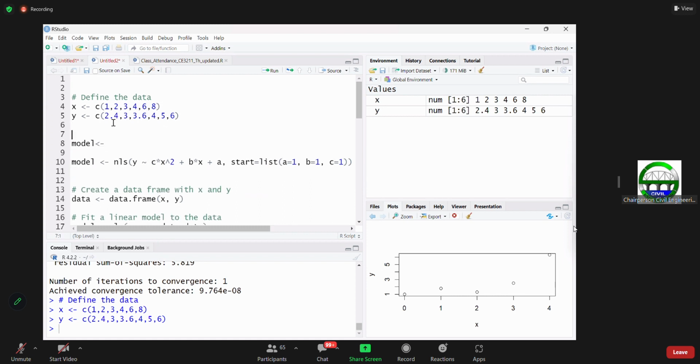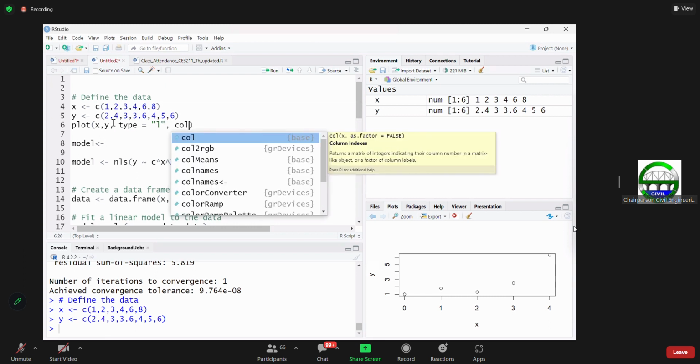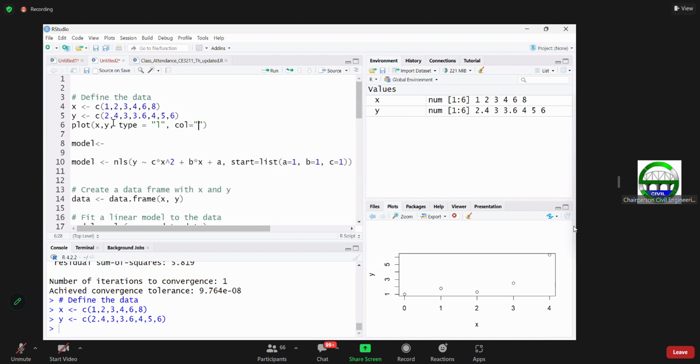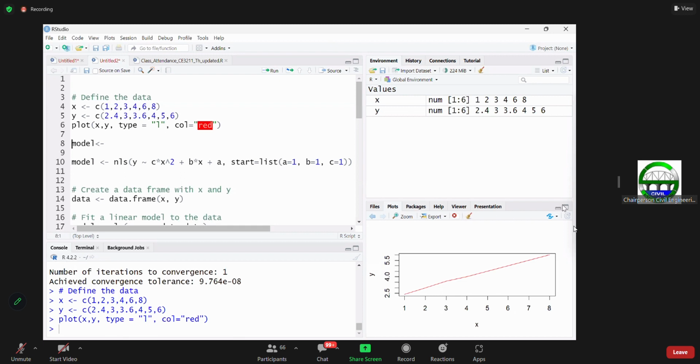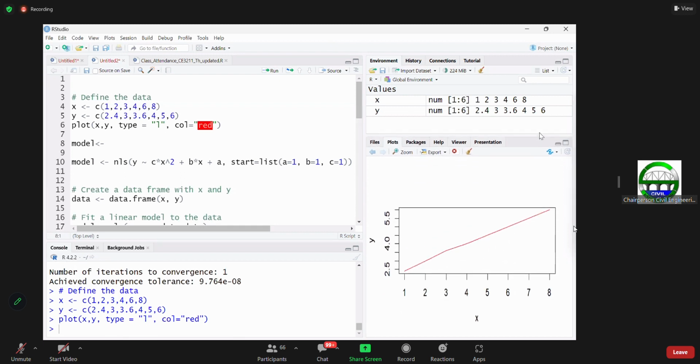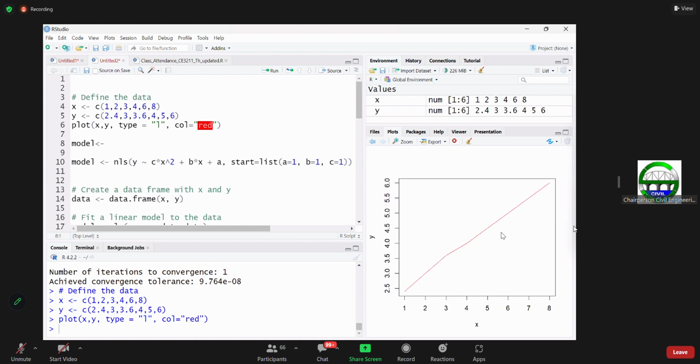So for example, if I want to make a plot, I will say plot x comma y, type is equal to line, and col is equal to maybe red. Now you guys can see on the screen that I made a line plot, right?